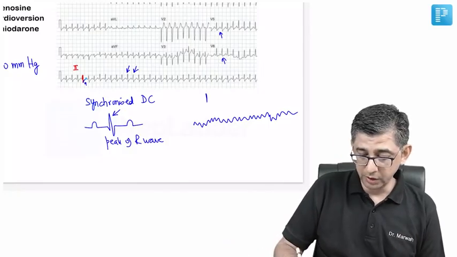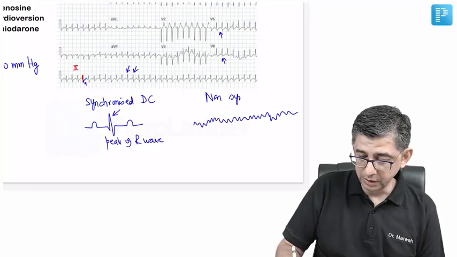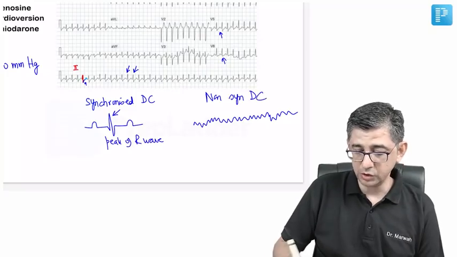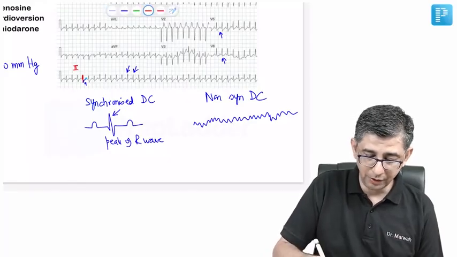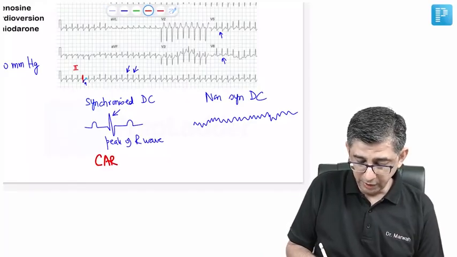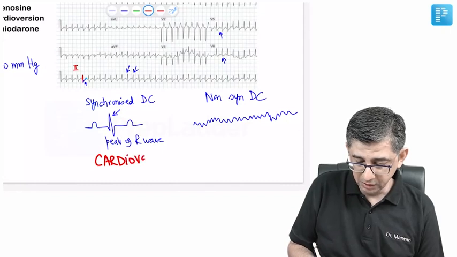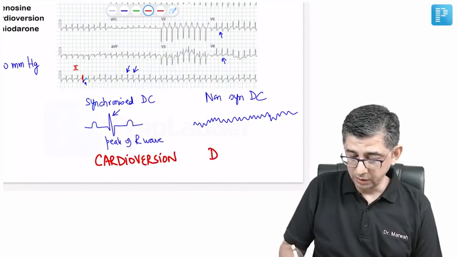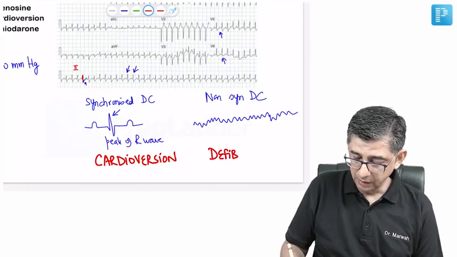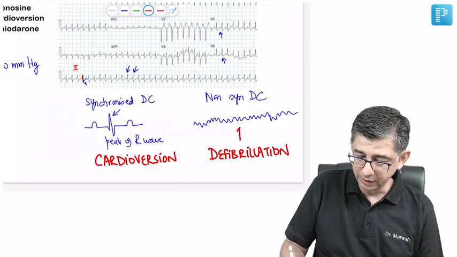So this would be called non-synchronized DC, and non-synchronized DC shock would also be referred to as defibrillation. In fact, there are two terminologies that I've explained to you, and the point to be noted down by you is that cardioversion and defibrillation are terms which are not to be used interchangeably.